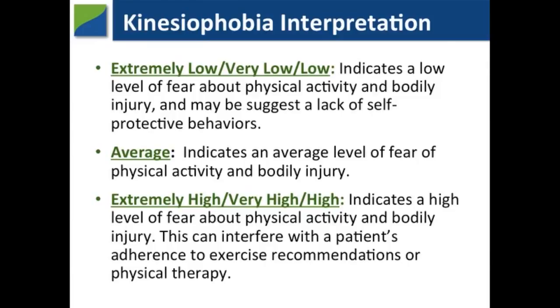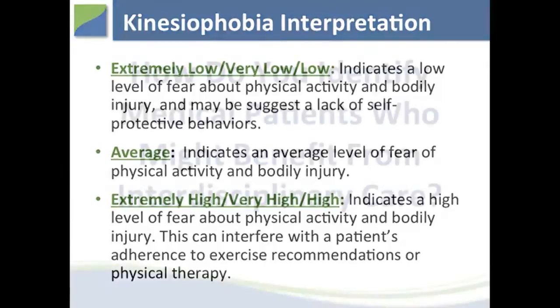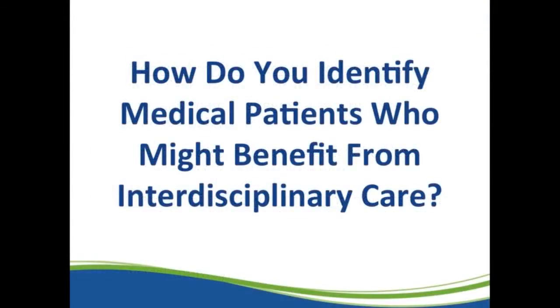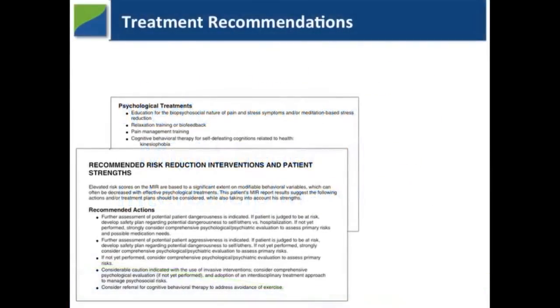So then, if we step back and think about how do you identify medical patients who might benefit from interdisciplinary care, as opposed to treatment via surgery or medication, who could benefit? One of the things that the MIR report does is to take all the information gathered and to make recommendations.